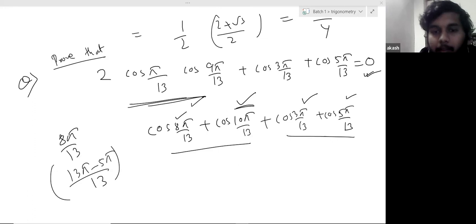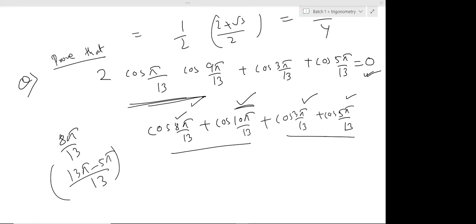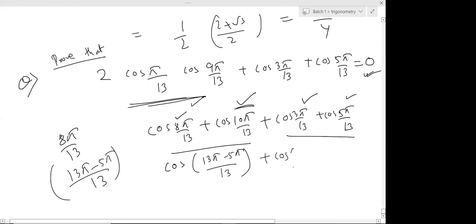All right. So how can we solve this one? This we can write as cos of 13 pi minus 5 pi upon 13 plus cos of 13 pi minus 3 pi upon 13, and these two remain as they are: cos 3 pi upon 13 plus cos 5 pi upon 13. The 13 pi will get cancelled out.